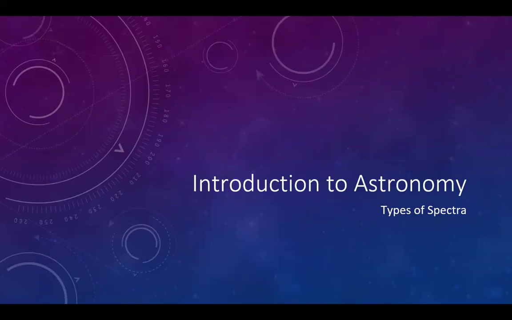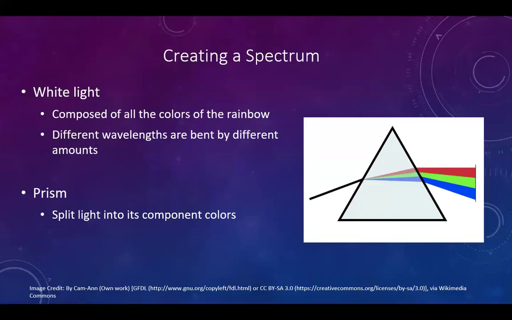Now, we're going to talk about types of spectra, which are what you get when you study how the light you're observing varies with wavelength or frequency. So white light is composed of all the colors of the rainbow.